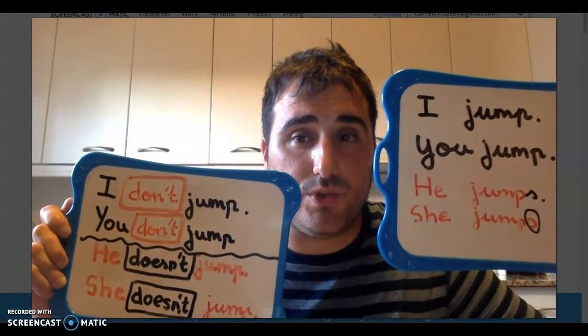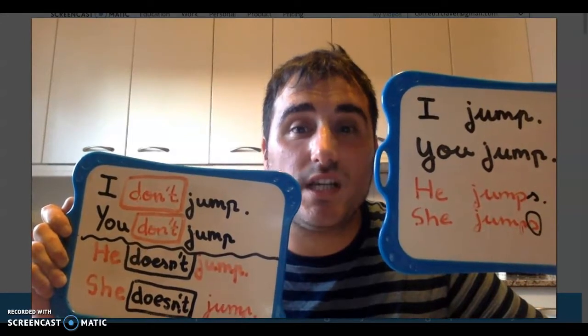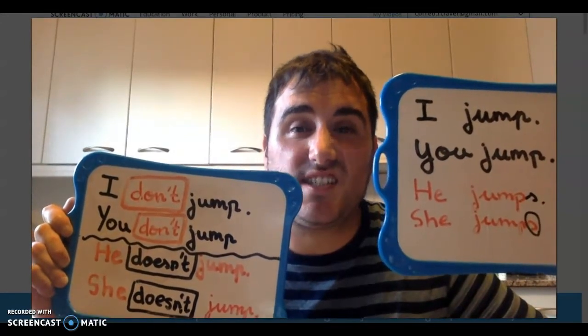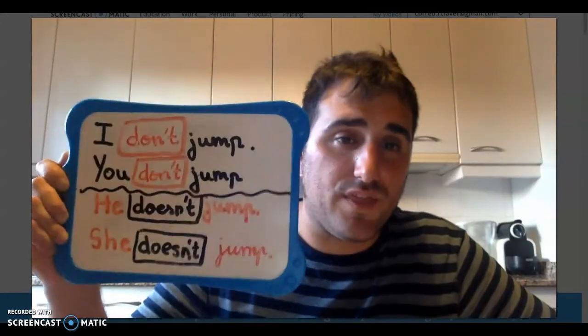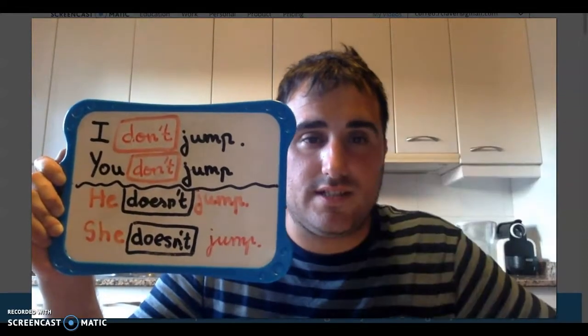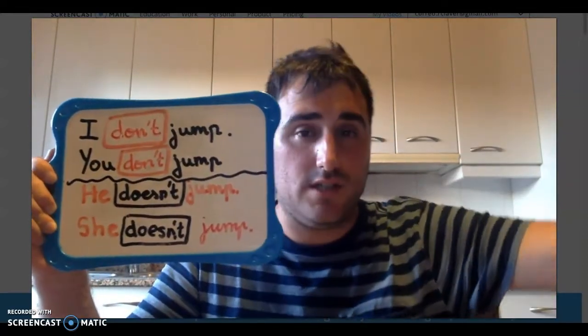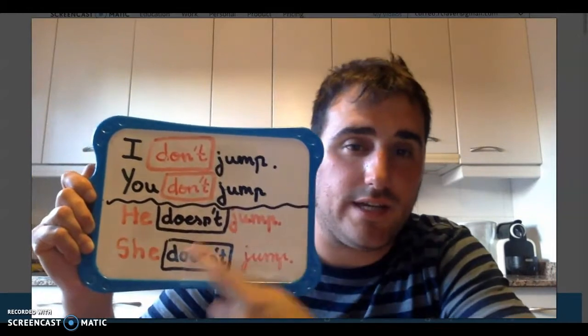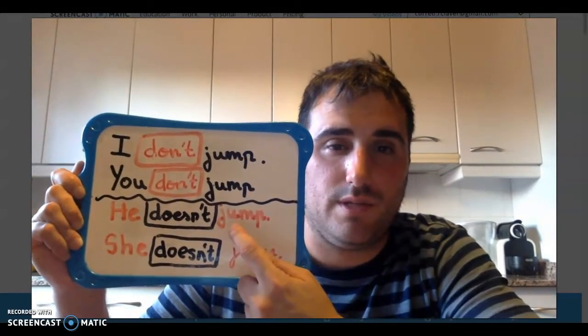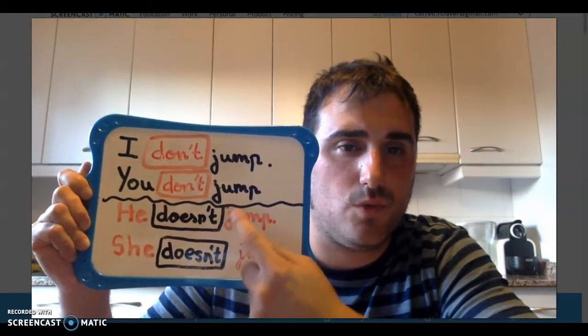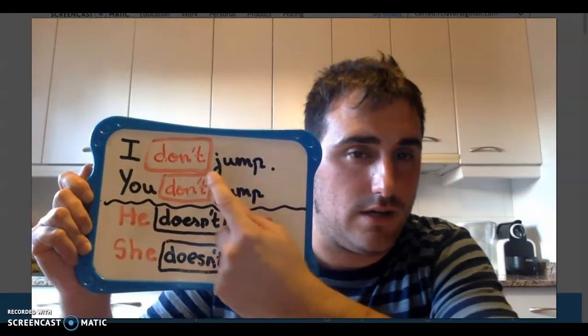I jump, you jump, he jumps, she jumps. And then with the negatives, the verb stays the same. We didn't have to add the letter S to the verb because what we changed was the auxiliary verb.